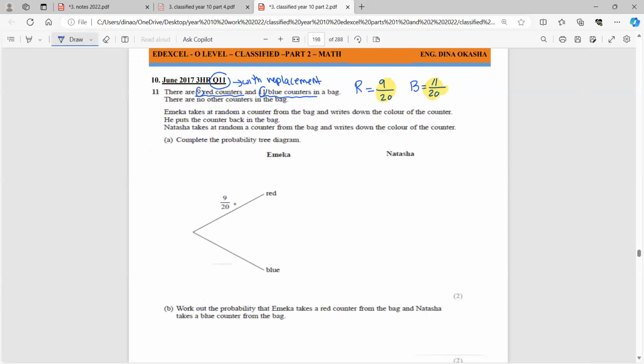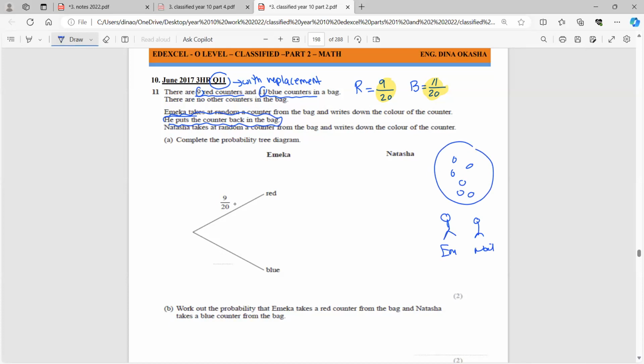Here it says Emeka takes at random a counter from the bag, writes down its color, he puts it back in the bag. So we have a bag with all these items and we have 2 people. The first is a boy named Emeka. The second is a girl named Natasha.